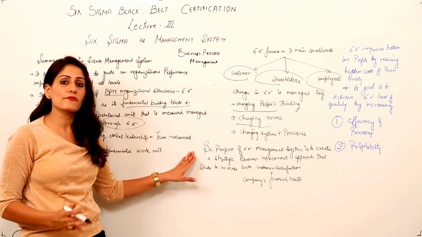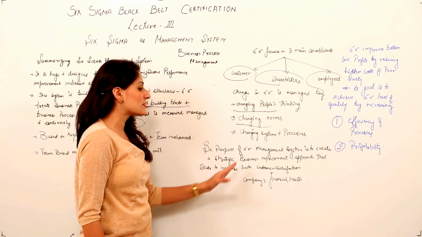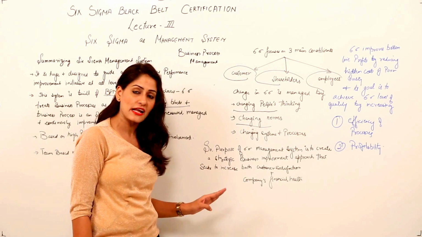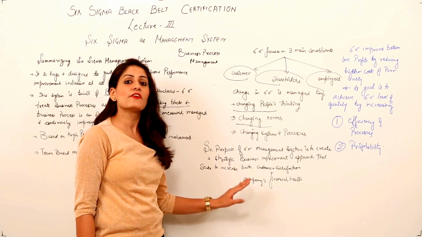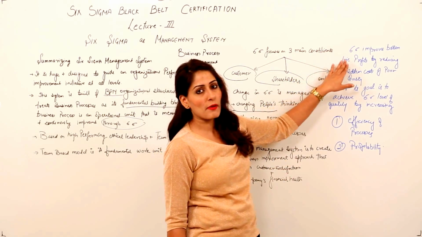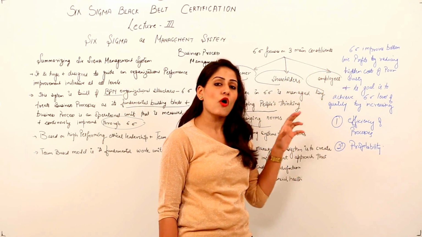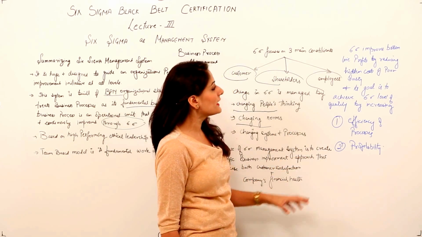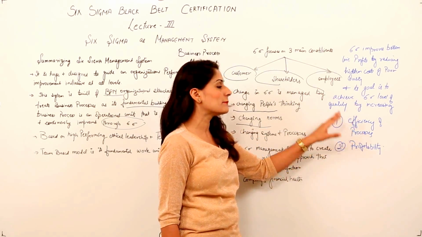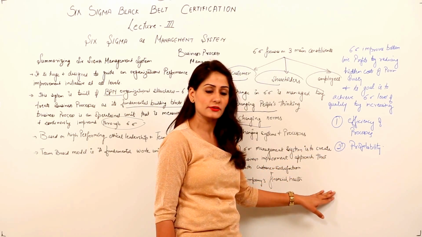So, the purpose of Six Sigma management is to create a strategic business improvement approach that seeks to increase both customer satisfaction and the company's financial health. Finally, I would like to say that Six Sigma improves bottom line profits by reducing the costs of hidden poor quality, and its goal is to achieve Six Sigma level of quality by increasing the efficiency of its processes and profitability.